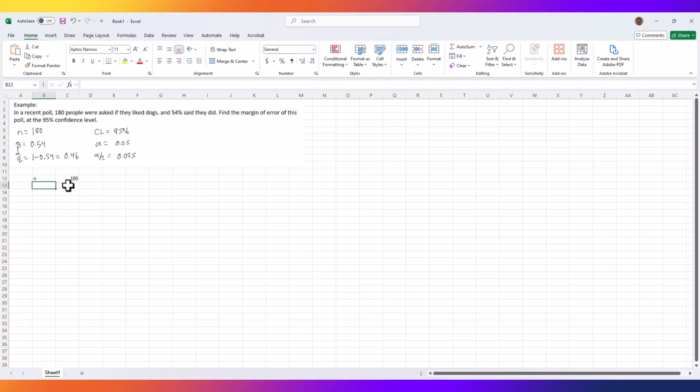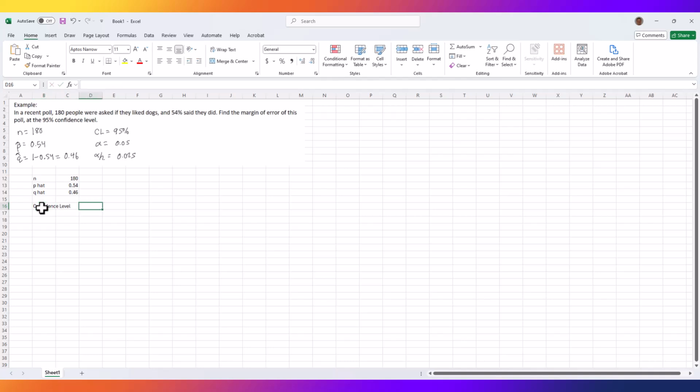Oftentimes I don't write the values there. I like to get them in here. But I'll write them here so we have it.